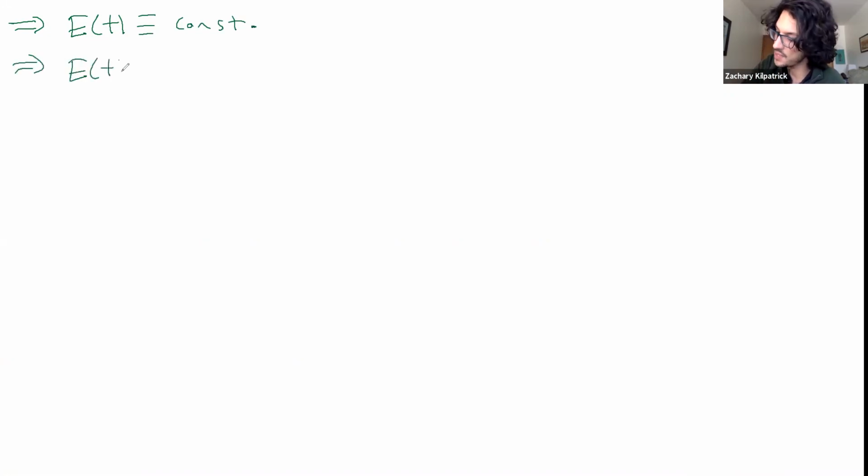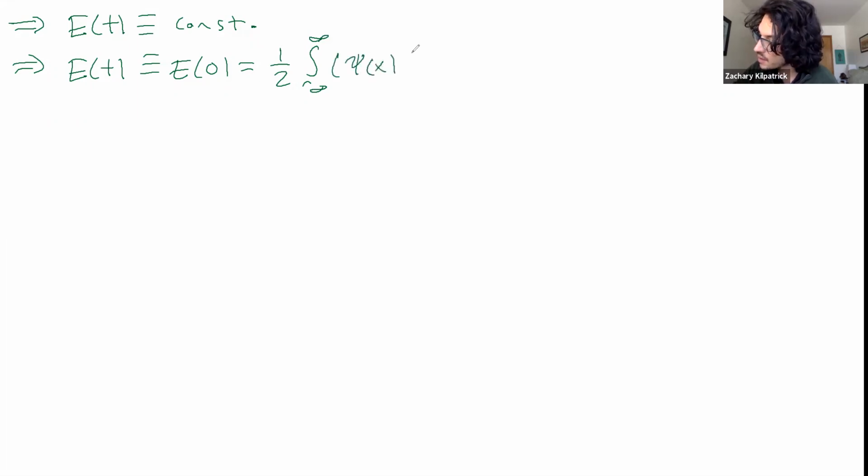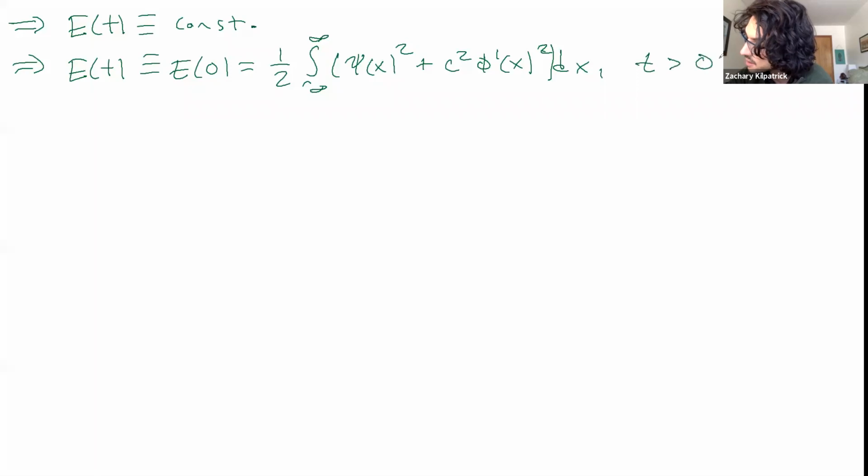That means that E of t is just equal to whatever it is at time 0, which is given by a half the integral from minus infinity to infinity of psi of x squared, that's my initial velocity, plus c squared phi prime of x quantity squared, that's my initial spatial gradient, or my initial deformation, for t greater than or equal to 0.